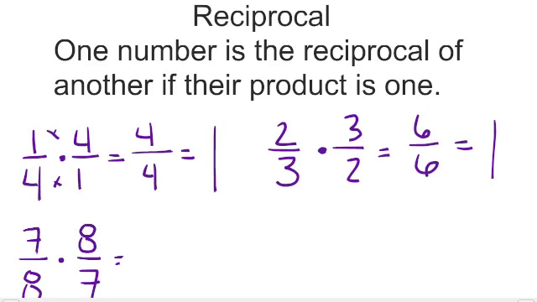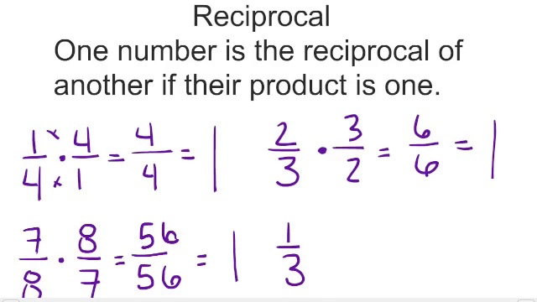All we're doing is flipping the numerator and the denominator, because that gives us 56 divided by 56, which is 1. Same as 1/3 multiplied by its reciprocal, 3/1, which is equal to 3/3, which is equal to 1.